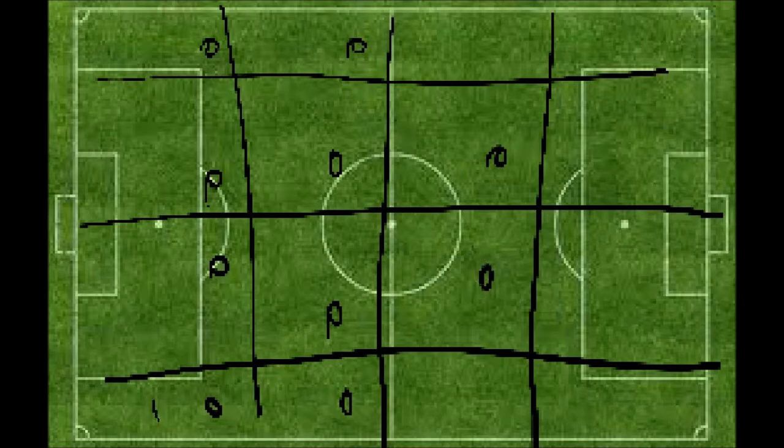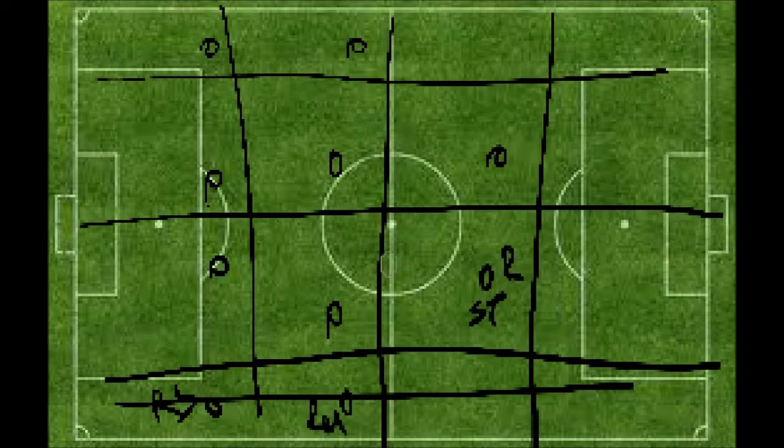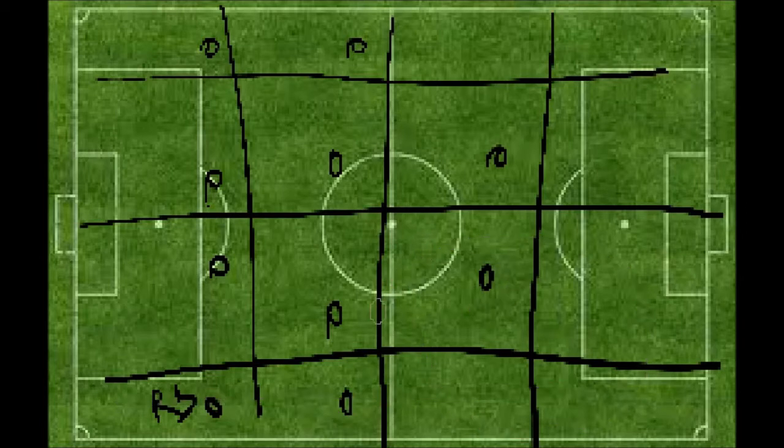From this 4-4-2 formation, we get the idea of what I'm trying to convey here. For instance, this right back will be covering this entire area along with the right midfielder, and the striker on the right hand side will also be covering this entire area, as they are the only two up there to cover around, let's say, 6-8 boxes.